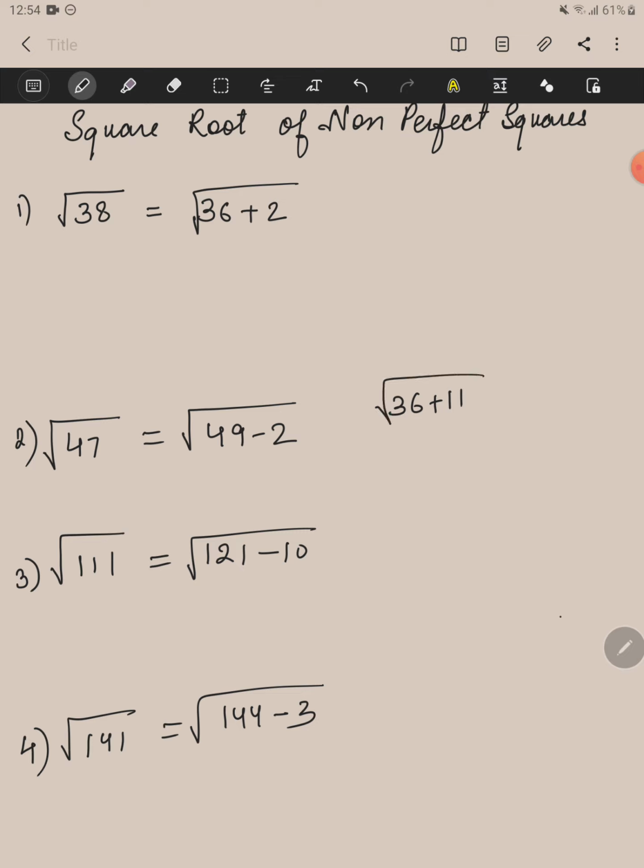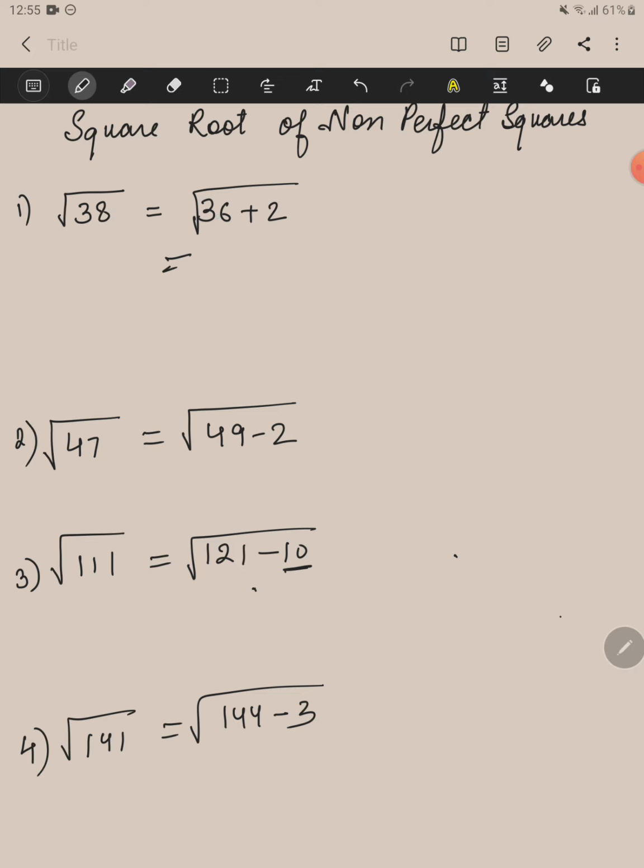Yes, you can take it. But in that case, your answer will not be very accurate. So we'll choose the closest perfect square number here. In this case, you can also take 100 plus 11. The result in this case will be less accurate than this one, because the difference is, you can see, 10 and 11. So let's learn the trick.